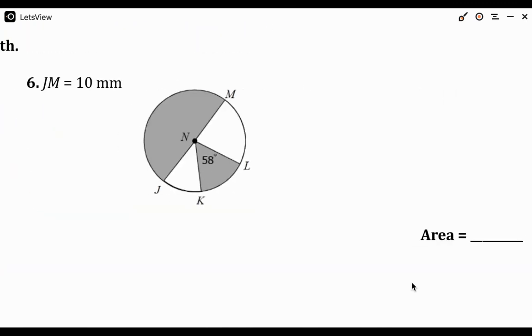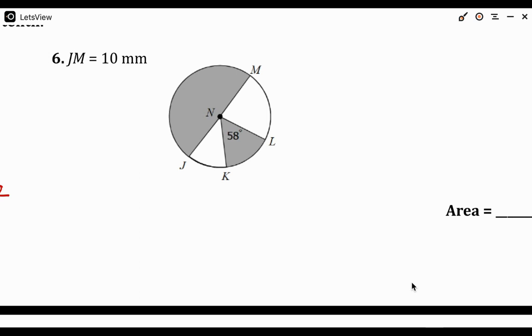Okay, our last one. We want to find the area of the shaded region. Well, this is all 180, remember? Straight line is 180. So x is equal to 180 plus 58, which gives us 238. JM is the whole thing, and the whole thing is 10.